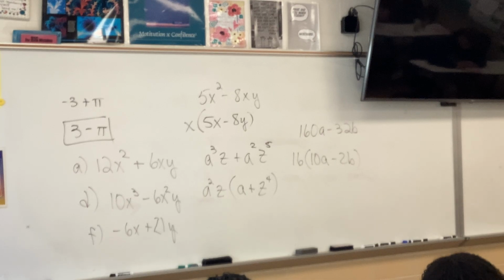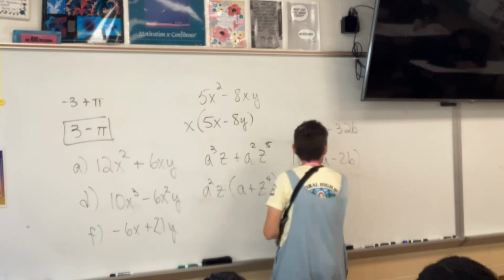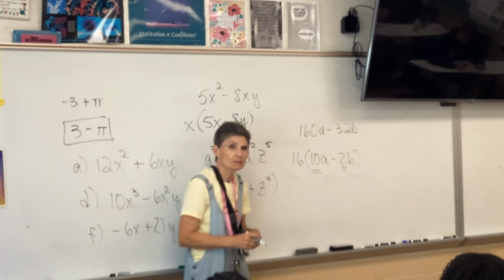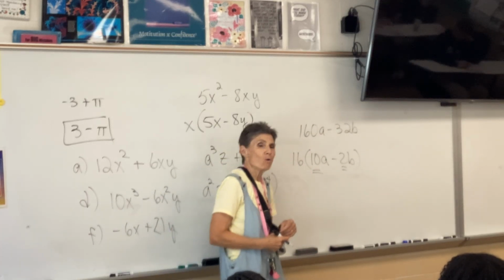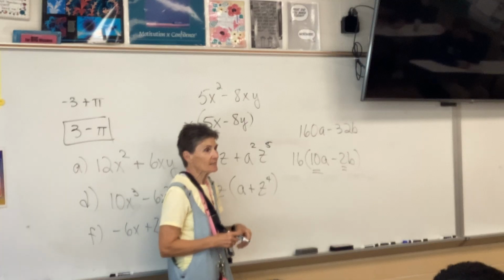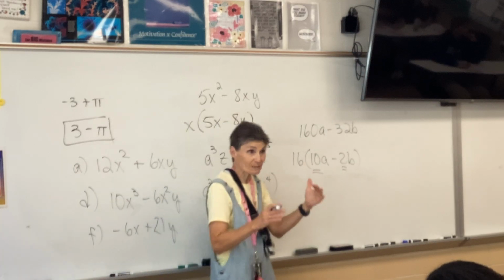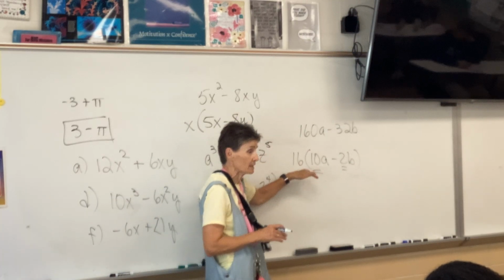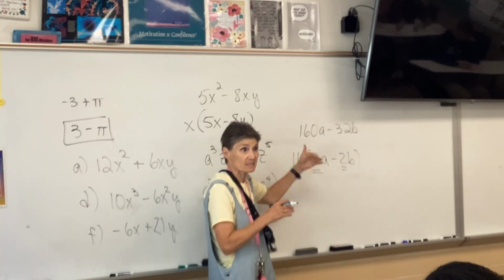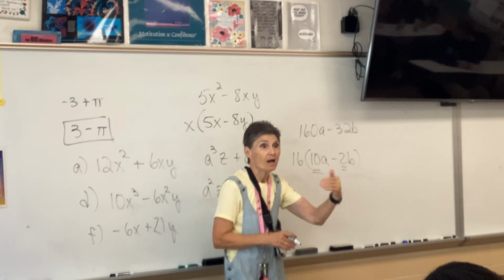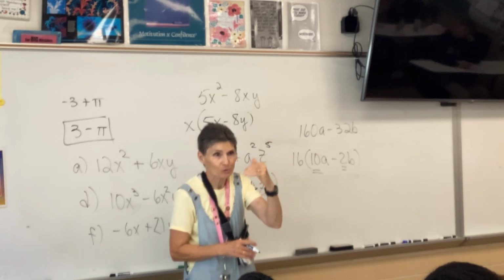I want you to look at your parentheses here. What about the 10 and the 2? So instead of taking out 16, which wasn't wrong, this is not wrong, it just isn't done. Because instead of taking out 16, I could have taken out 32.